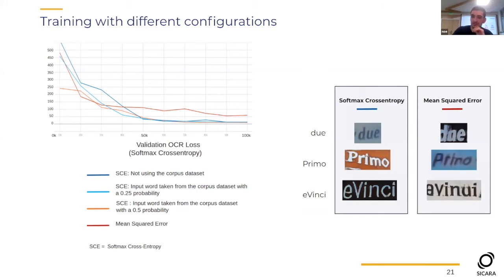In the first case, you can see that the words are neat and correspond to the input word, which is not really the case when using the mean squared error. For instance, if you look at Evinci, it wrote it well with the softmax cross entropy, but with the mean squared error it's not really the character we were expecting.